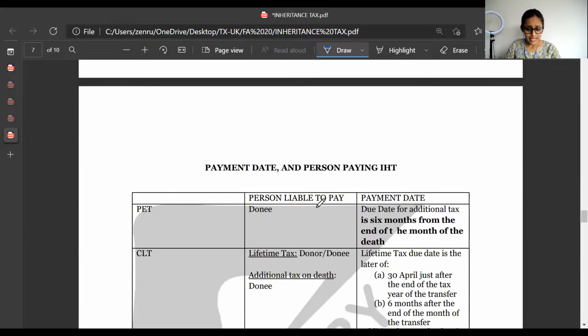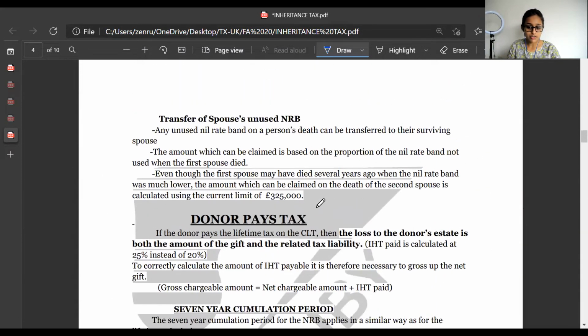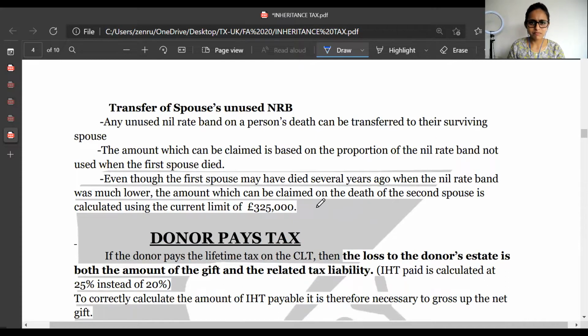And also something else is with regards to the transfer of unused nil rate band. Now usually, one person has a nil rate band, the person dies, the second spouse also dies. When the second spouse dies, the second spouse gets to use their own nil rate band plus the nil rate band of the previous spouse who died.